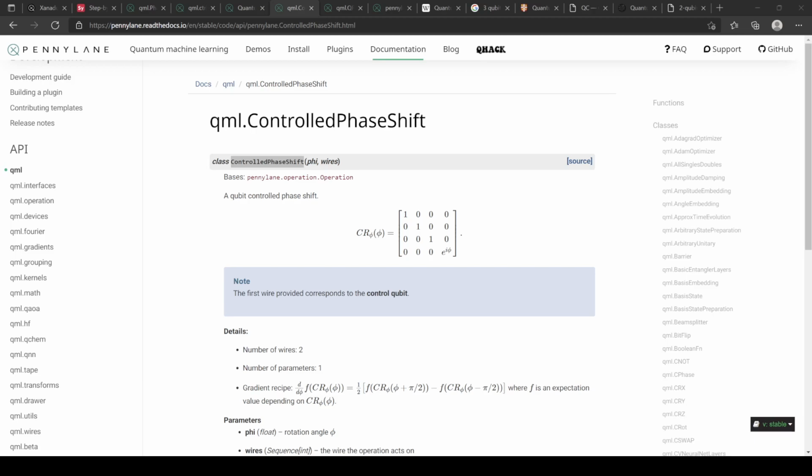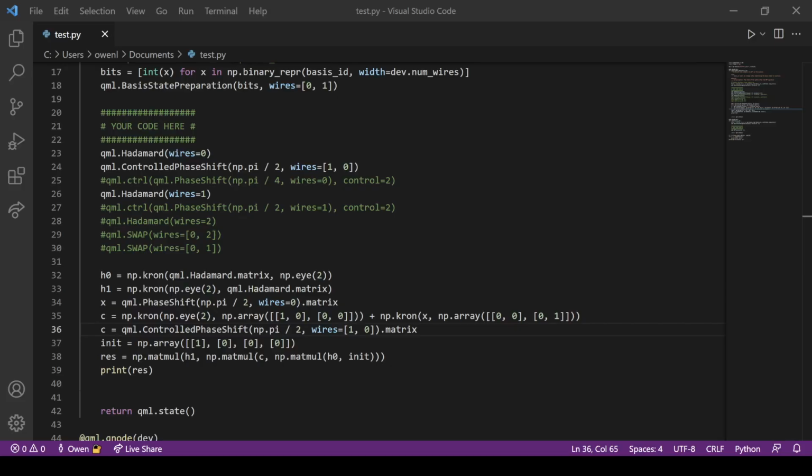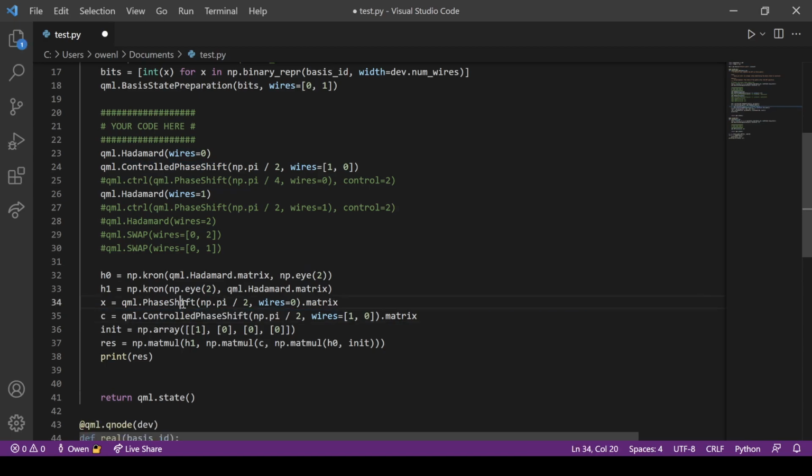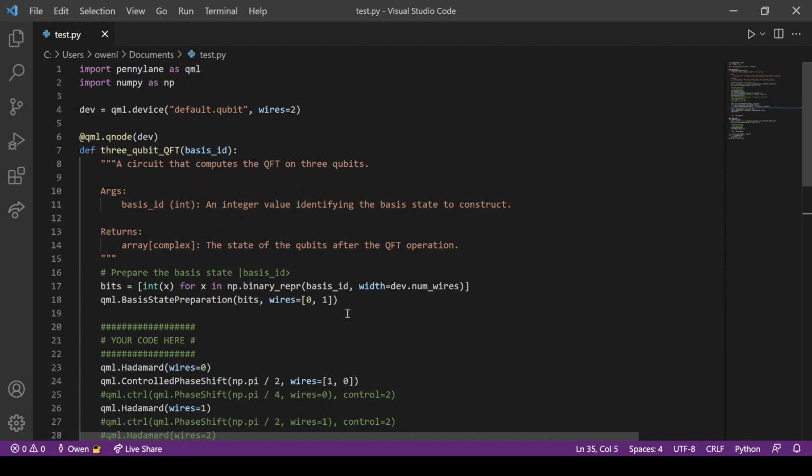Okay, I have now updated my code. I was worried that there's some problem with how the control operation is implemented, so I've now changed my code to use this controlled phase shift. I also updated my do-it-yourself version. I also got rid of the extra qubit, so everything is just on this 2-qubit example.